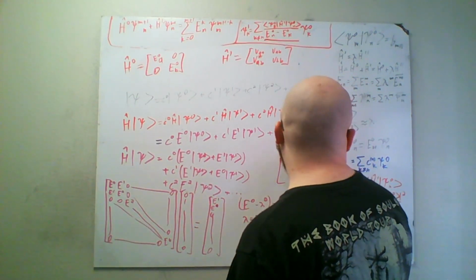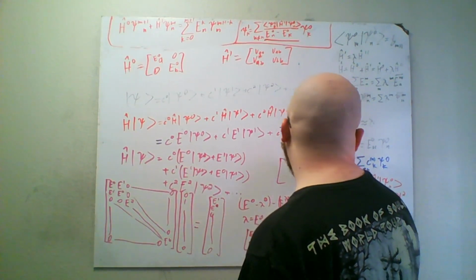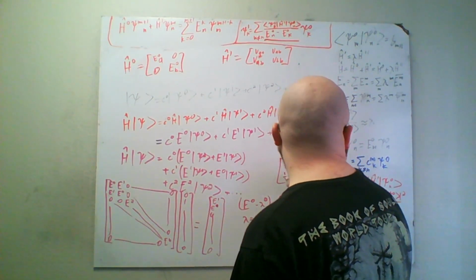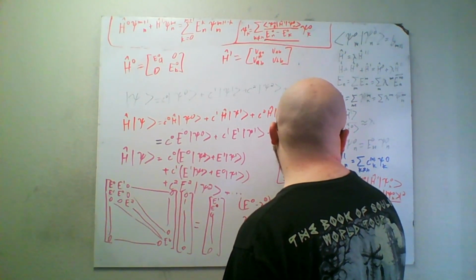I'm messing around too much, but you would want to normalize this. So go ahead, normalize it. I'm not going to, because fight me. 0, 1 minus 1.